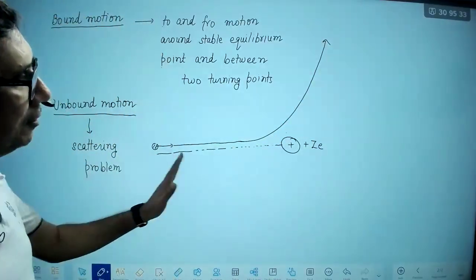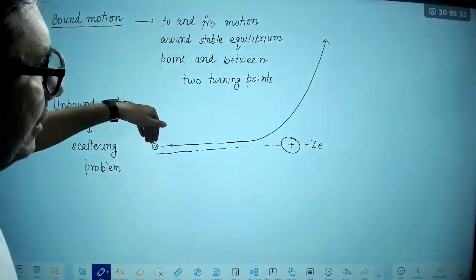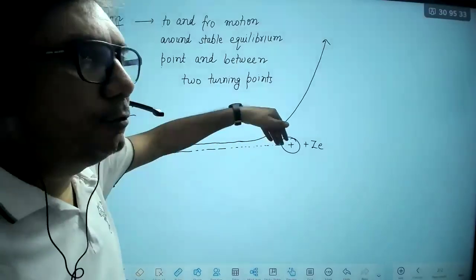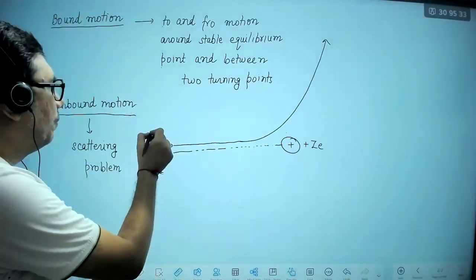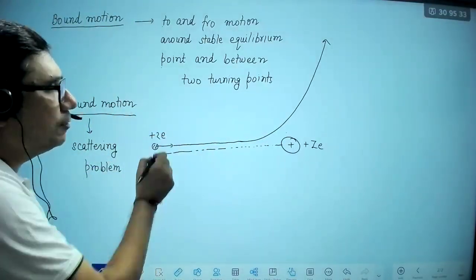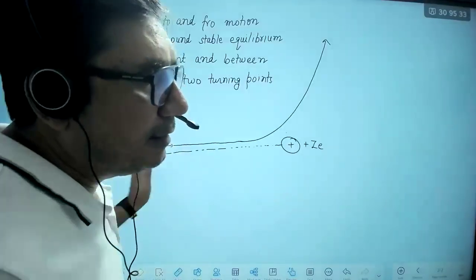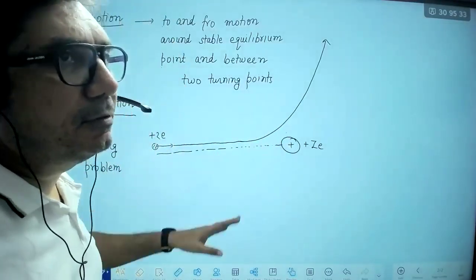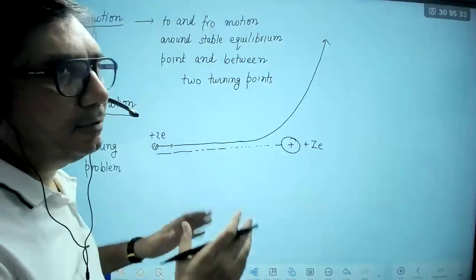The alpha particle is moving towards the nucleus, and because it carries a positive charge and the nucleus also carries a positive charge, there will be an electrostatic interaction between them, which will be a repulsive interaction.